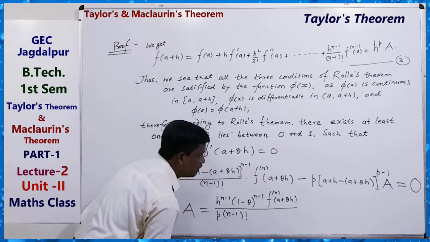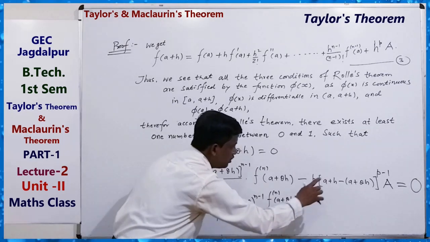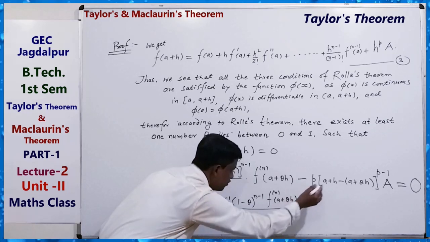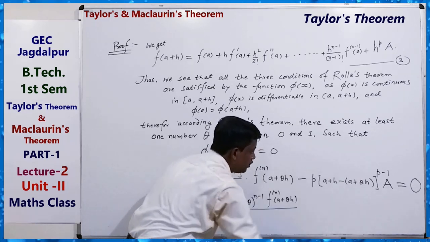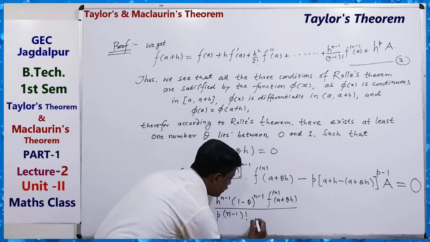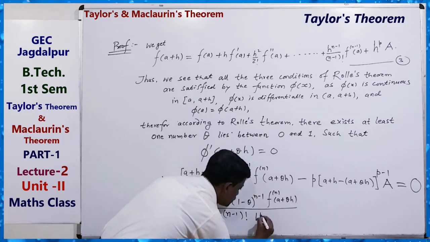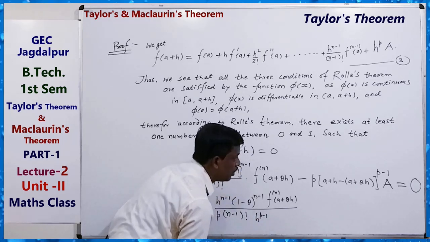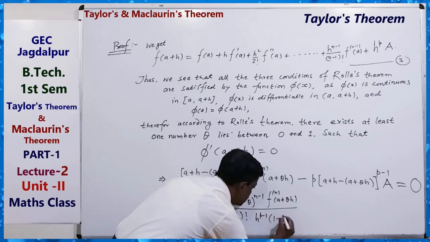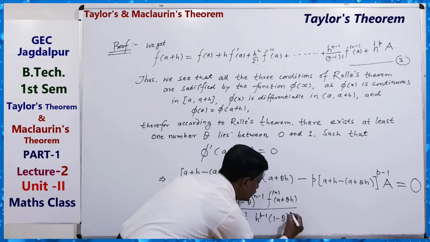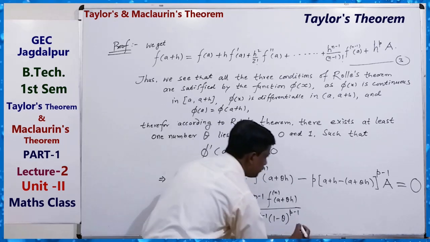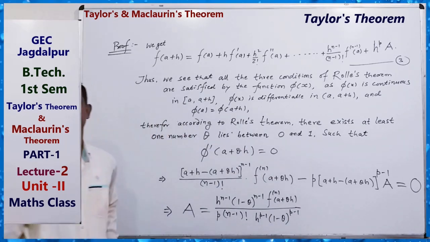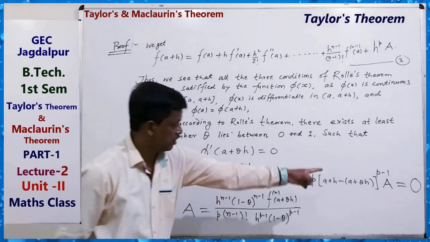So p here and here cancel, same as h to the power p − 1 and (1 − θ) to the power p − 1. So just like this. Okay, so this value will give the constant A.